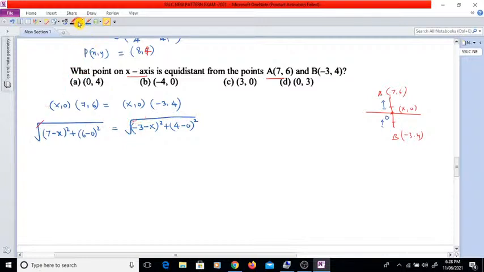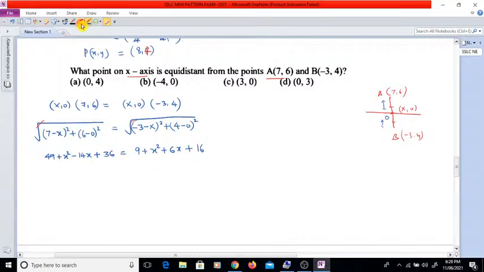These roots get cancelled. So this is 7 minus x whole square, that is 49 plus x square minus 14x, plus 6 minus 0 is 6 only, 6 square is 36. This is equal to, minus minus can be cancelled, so 3 plus x whole square, that is 9 plus x square plus 6x, plus 4 square, that is 16.